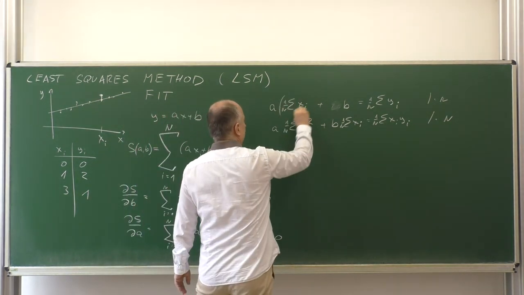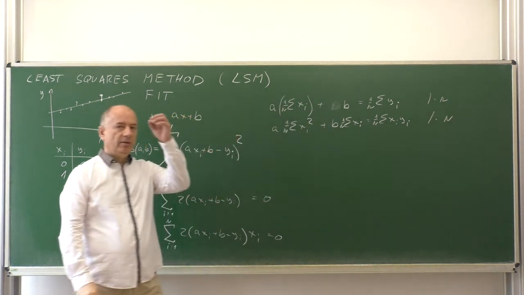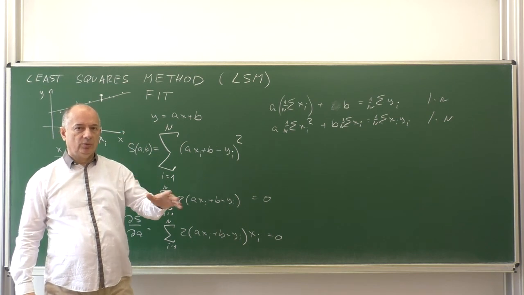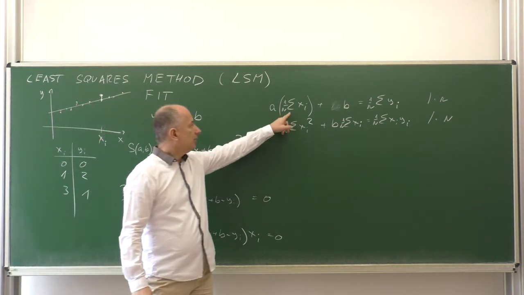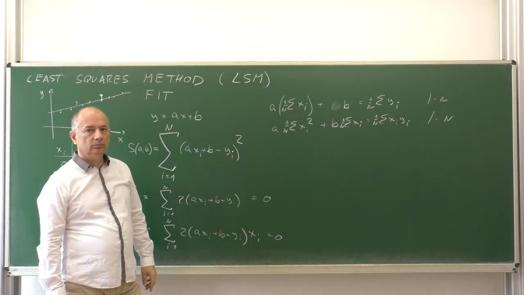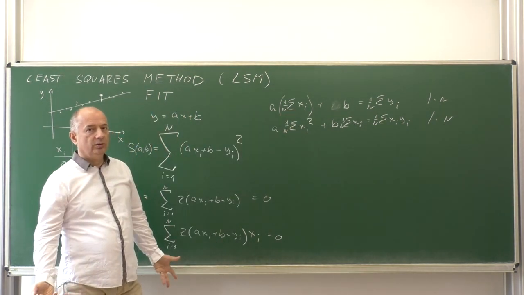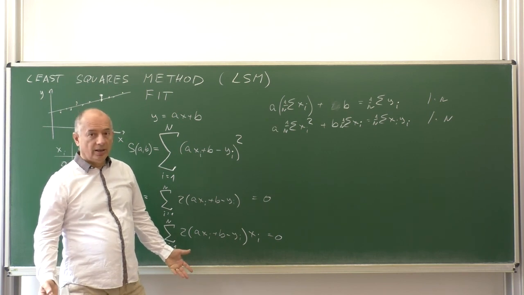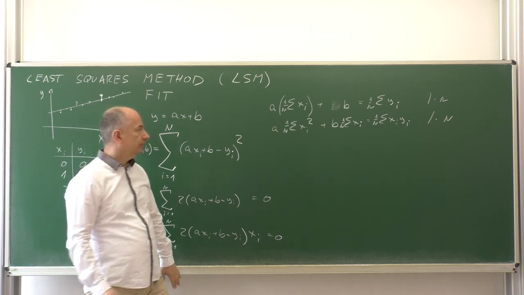Look at this expression. We have some numbers, x1, x2, x3, up to xn. We sum all of them, and we divide by the number of terms. This is quite a well-known operation, called arithmetic mean or average.